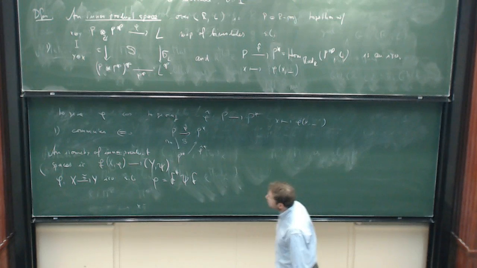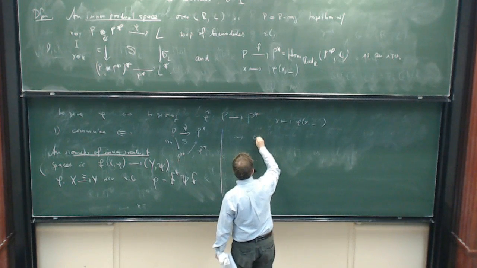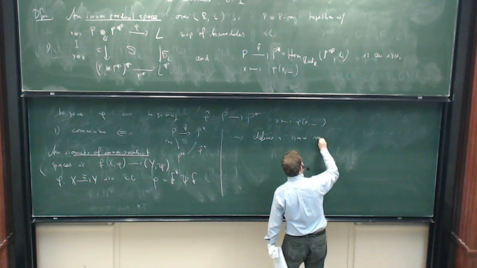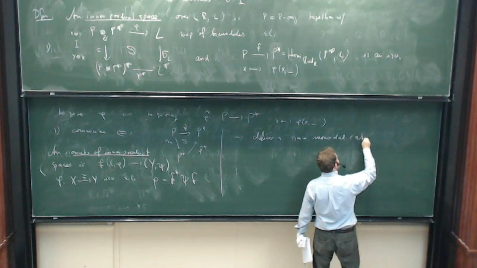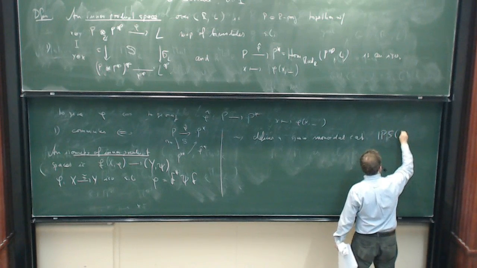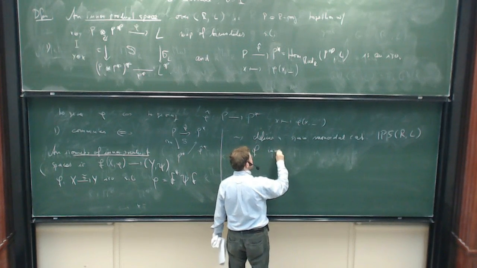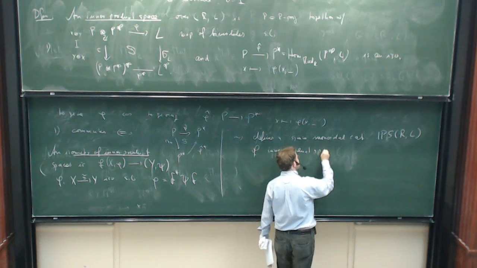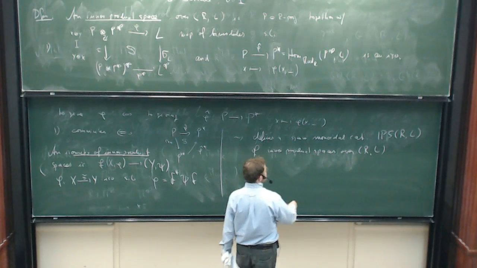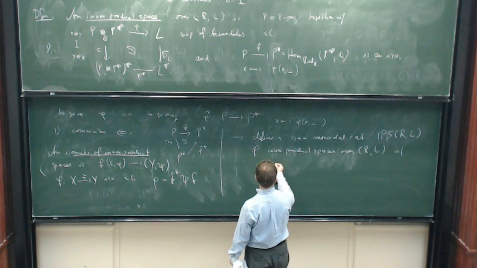Okay, so that's an isometry, and so this defines a category, actually a symmetric monoidal category of inner product spaces, with the monoidal structure given by direct sum or orthogonal sum.